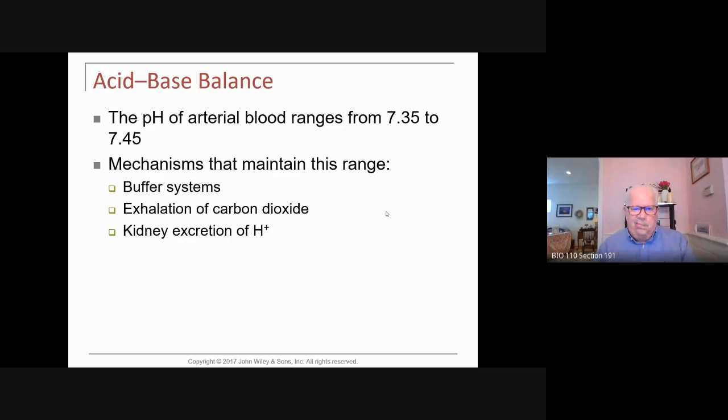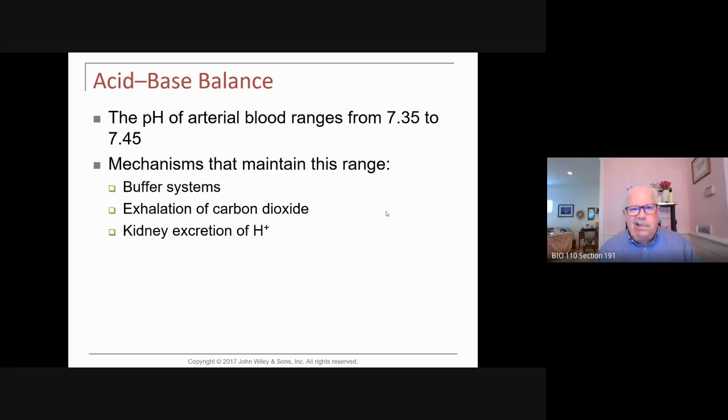Number 1, a buffer system. The buffer systems act immediately. Once the buffer systems take effect, if more is needed, then the respiratory system is involved. And the respiratory system has only one function: to get rid of acid.